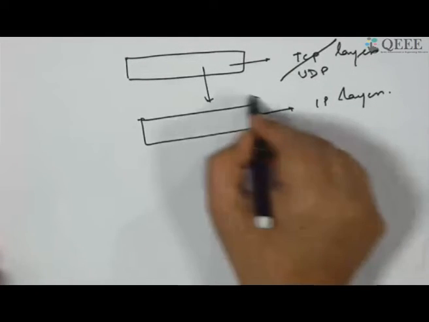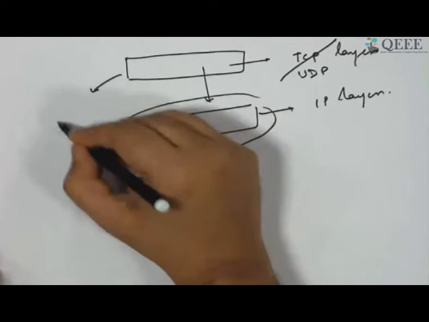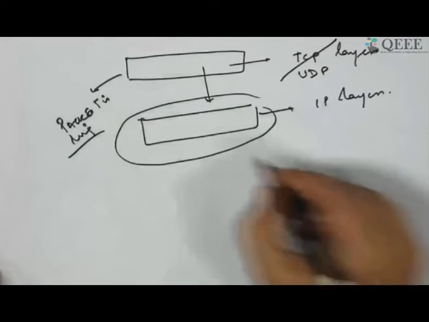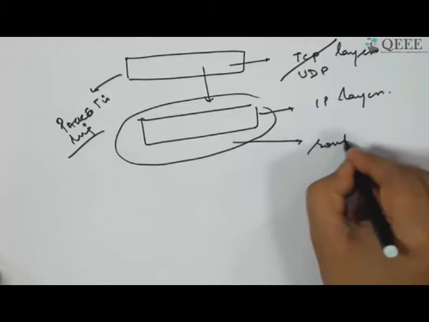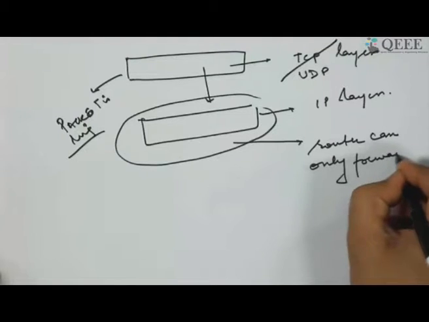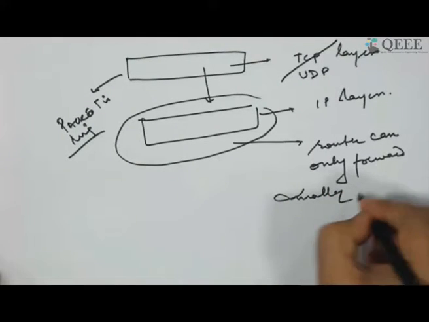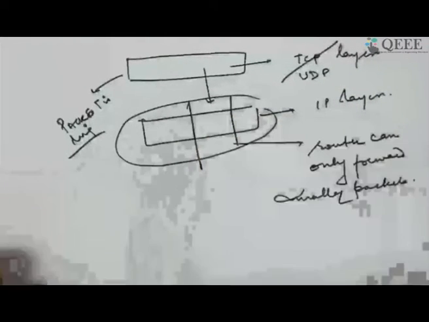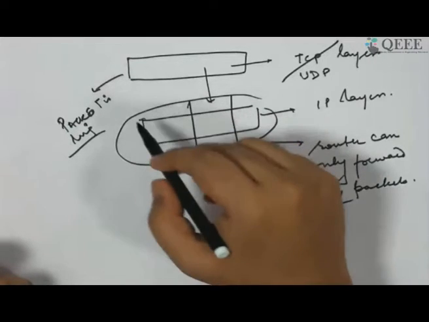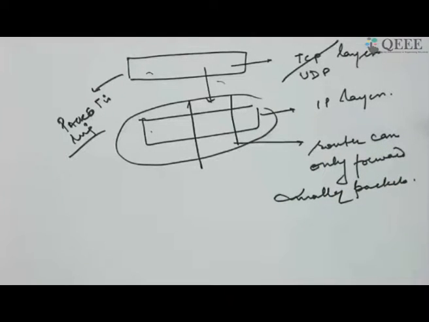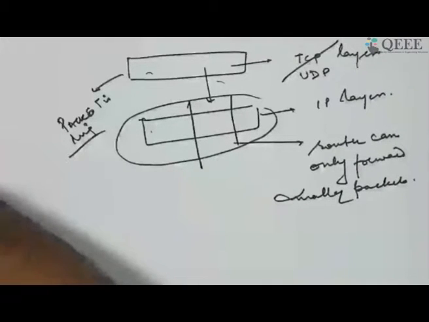It can also be a UDP packet. It comes to the IP layer, but this packet is big, and my router can only forward smaller packets. Then I have to divide this packet. So although this is one packet at the TCP layer, it gets divided in the IP layer. This can happen.